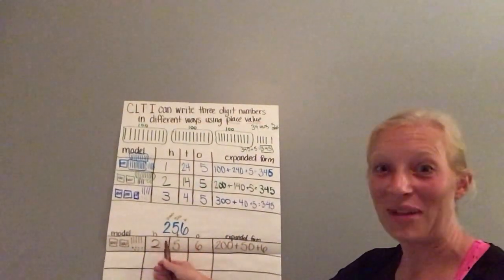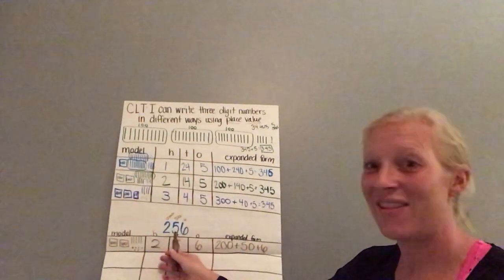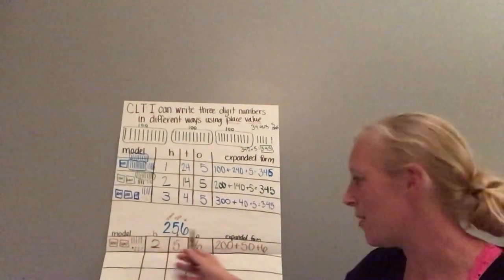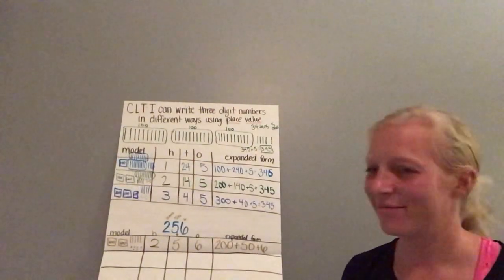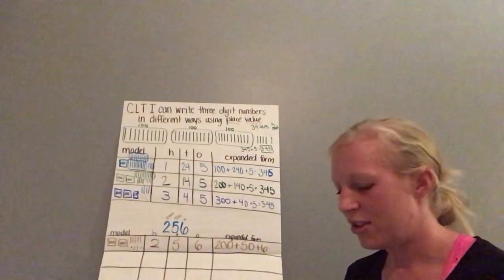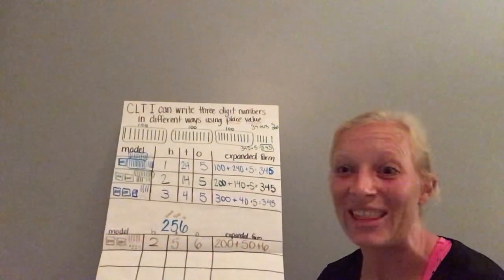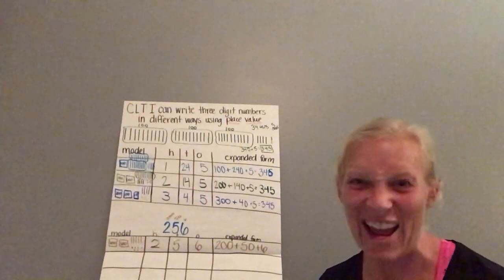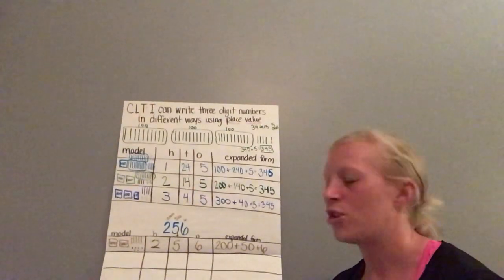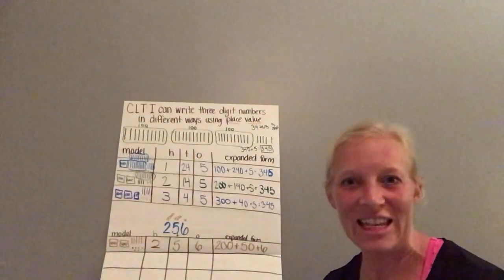The 2 in the hundreds place is worth 200. The 5 in the tens place is worth what, everybody? 50. And what about the 6 in the ones place? Just 6. So your challenge is to see if you can come up with at least 2 other ways to show 256. And this is your exit ticket for today. What are 2 other ways that you can make that number 256?